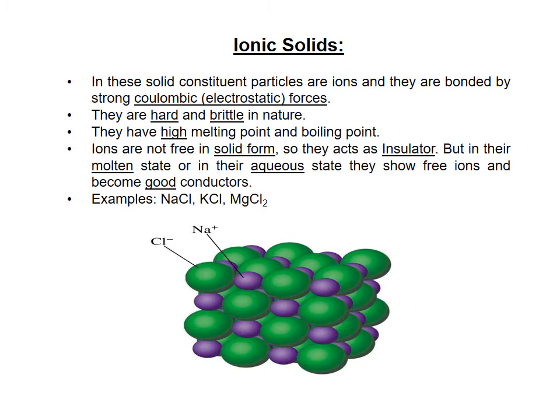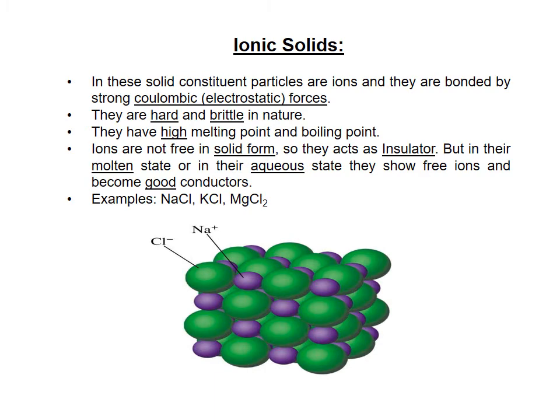In simple words, we can say that they contain ionic bonds. As ionic bonds are stronger, these solids are hard and brittle in nature. Their melting points and boiling points are higher.